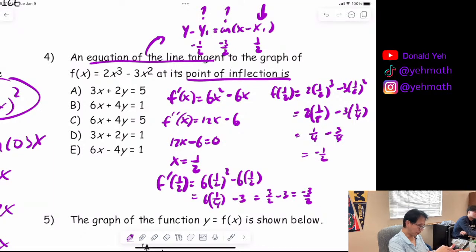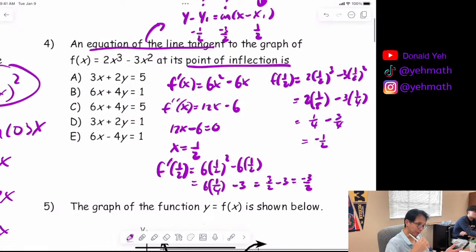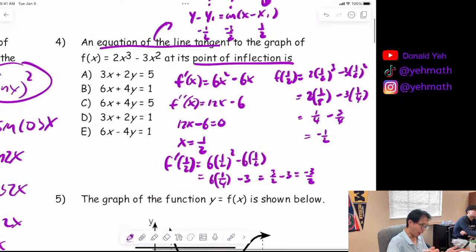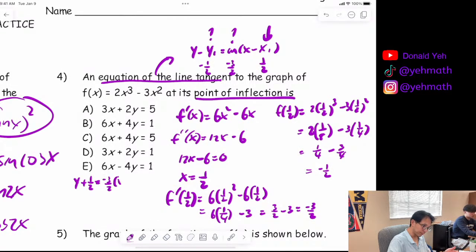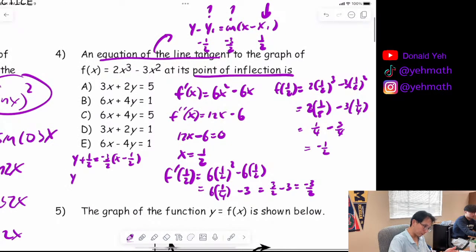Equation of the tangent line, 4. Now we want to, and also fractions. You have to be able to handle fractions. That's 5. Now you have to be able to convert this form into standard form, which is y plus 1/2 equal to negative 3/2 x plus 3/4.